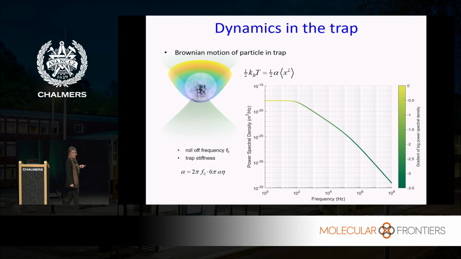When they are bigger, it's much more difficult because the optical forces acting here are not very strong. They are of the order of piconewtons, so 10 to the minus 12 newtons. If things are much larger and heavier, it's much more difficult to manipulate them.